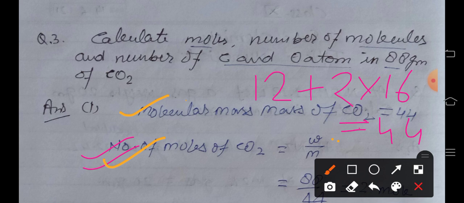The weight of carbon dioxide given in the question is 88, and the molecular weight is 44, so it equals 2 moles. That is, 88 gram of carbon dioxide contains 2 moles.